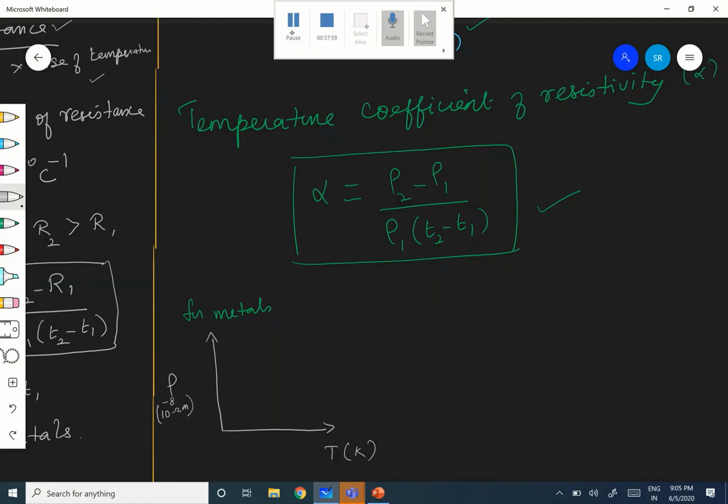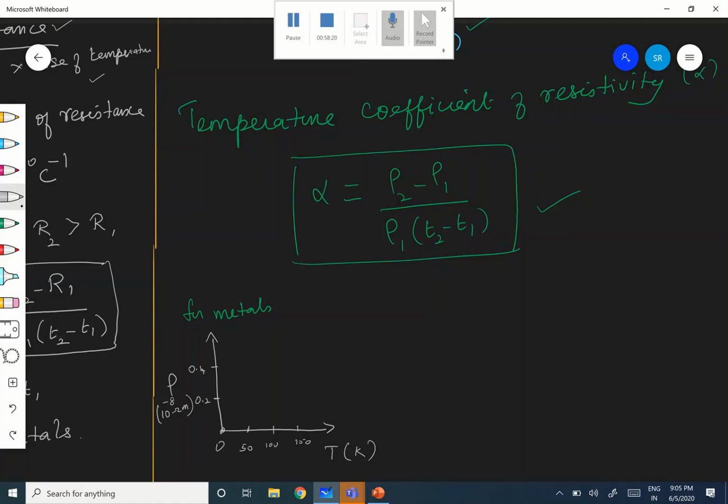The temperature in Kelvin is 0, 50, 100, 150, etc. And here it is 0.2, 0.4, into 10 power minus 8 ohm meter.